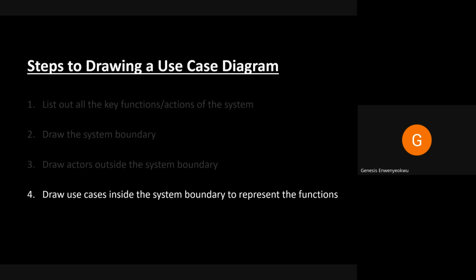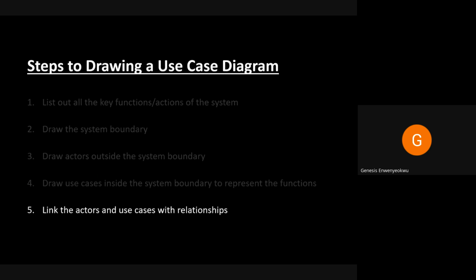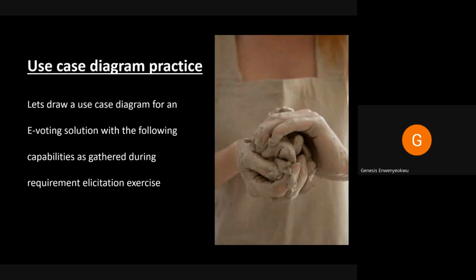So you list out all the functions and actions, you draw your system boundary, you draw your actors outside of your system boundary, then you draw the use cases inside the system boundary, and finally you begin to link your actor to use case, use case to use case, or actor to actor relationships with the various relationships that apply to them. So let us get our hands dirty and draw a use case diagram.